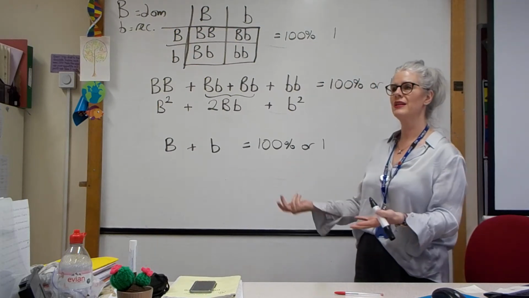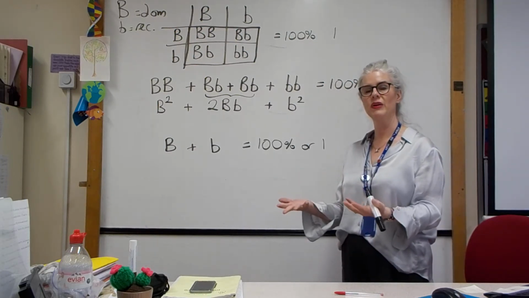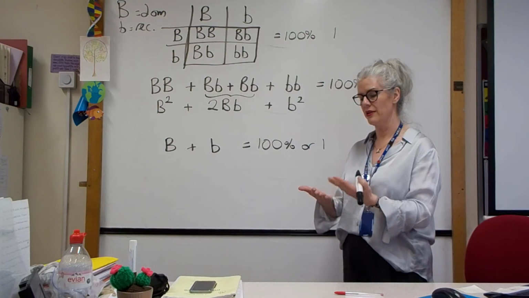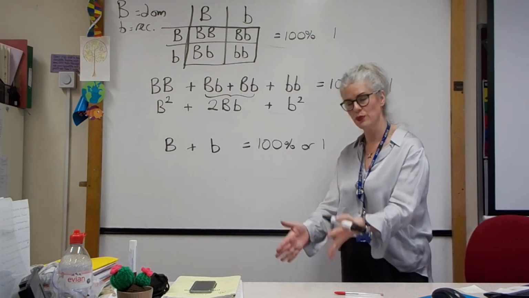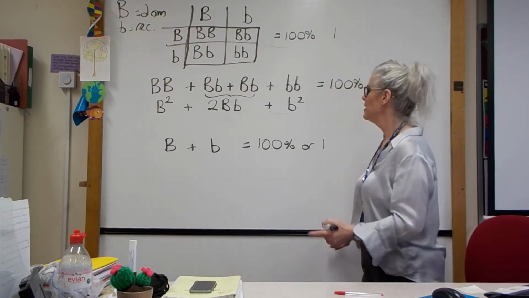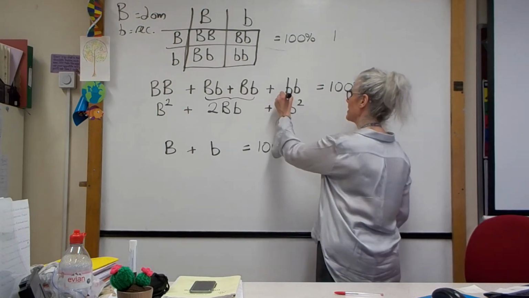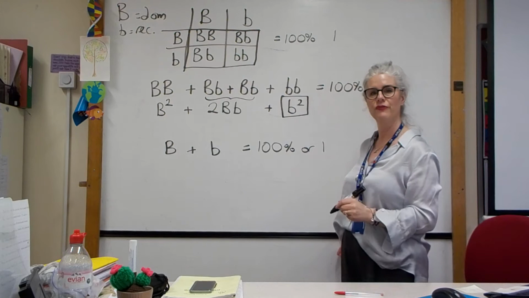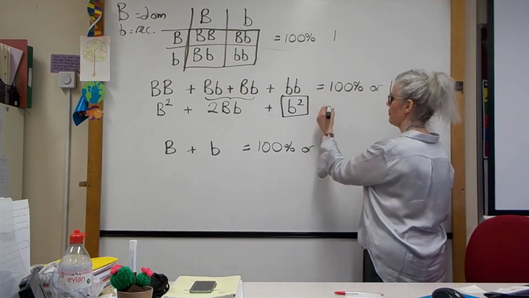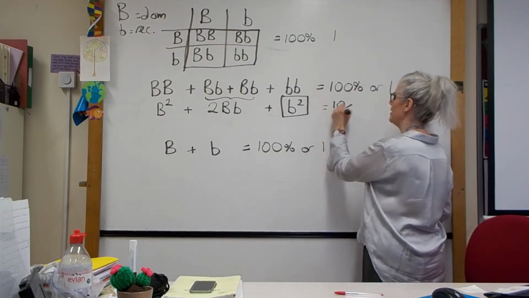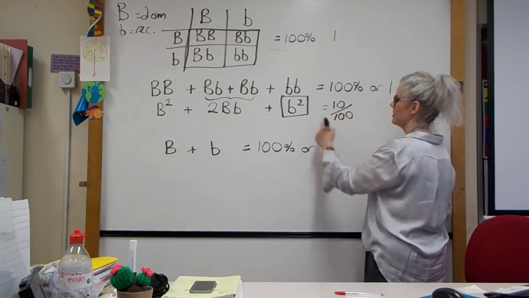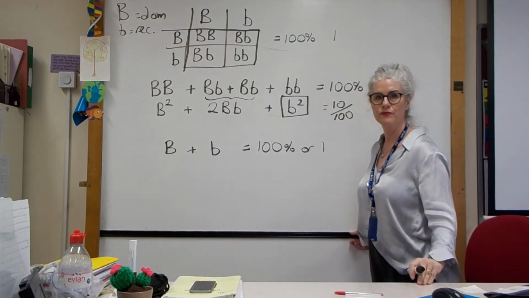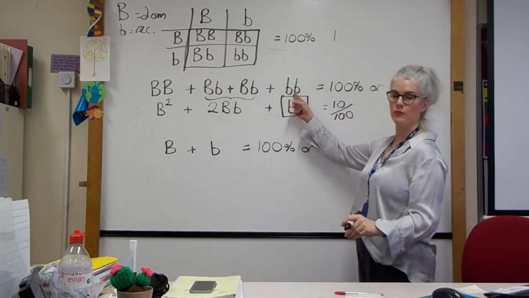So if you remember, we did an example with black rabbits and white rabbits. White rabbits are homozygous recessive. You would be able to count how many white rabbits you have. So in a population, you would be able to count how many of those you have. So let's say, for the sake of argument, we have 10 out of 100 rabbits that are little b, little b.